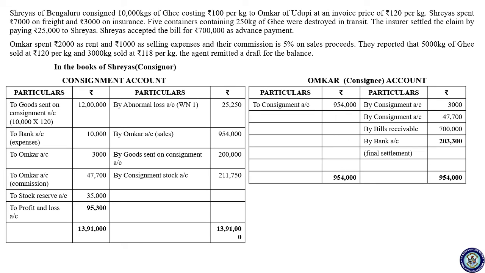Either you can do abnormal loss or goods sent on consignment, okay? But you have to prepare the four major ledger accounts, and you have to start with consignment. The other three ledger accounts you can shuffle.